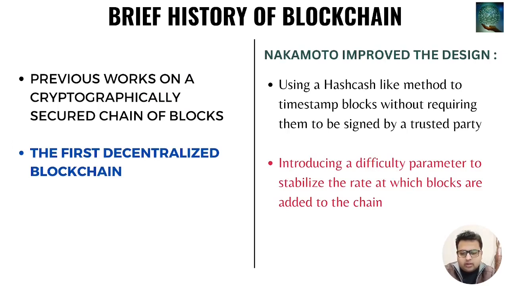The second important thing was introducing a difficulty parameter to stabilize the rate at which blocks are added to the chain. This made adding blocks a bit difficult, so it was not easy to just flood the blockchain with blocks. It enhanced the concept further.